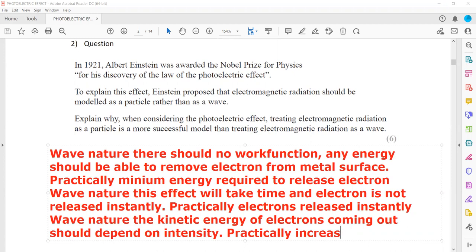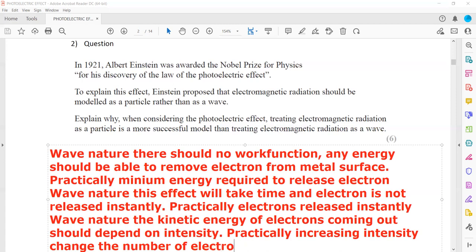So increasing the intensity changes the number of electrons coming out, but not the kinetic energy, KE. This is what we observe for the photoelectric effect.